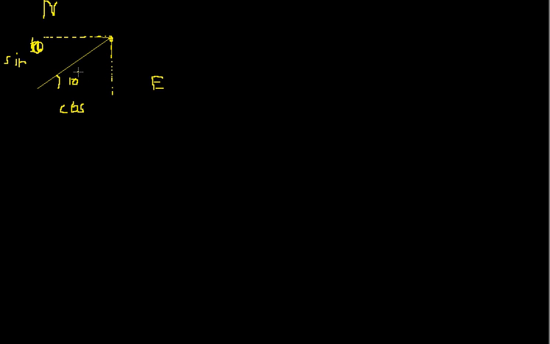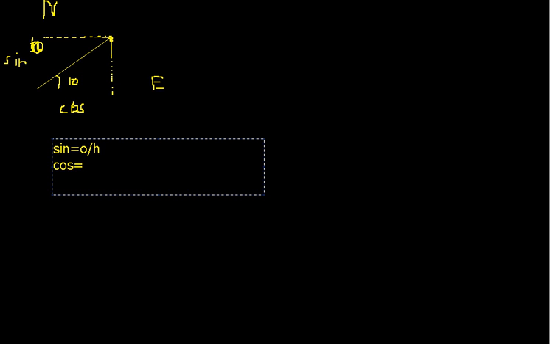So hopefully you remember this. One way that they always tell us is that sine is going to be equal to opposite over hypotenuse, right? And that cosine is equal to adjacent over hypotenuse.